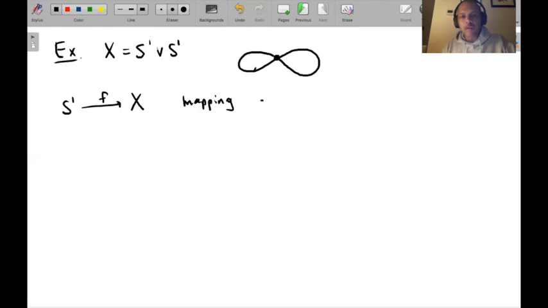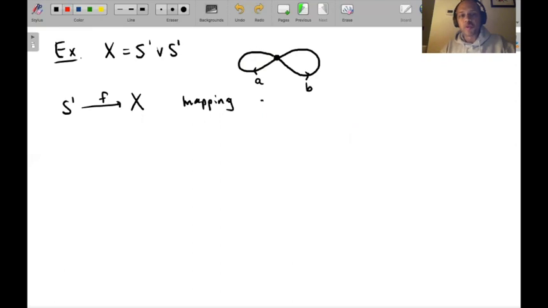Let me give these two circles names, a and b, and I'm going to orient them in this way. We're mapping a circle into here, so you can imagine some different maps. For example, if you attach a disk along this circle, then the resulting space is going to look like a disk together with a circle like this.